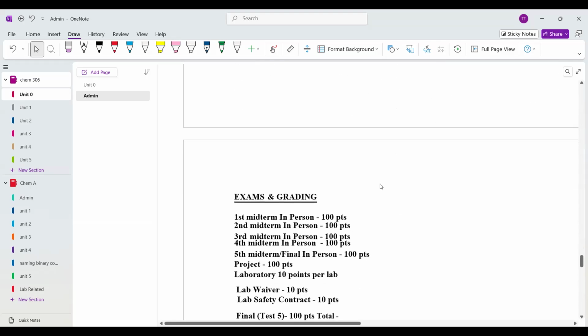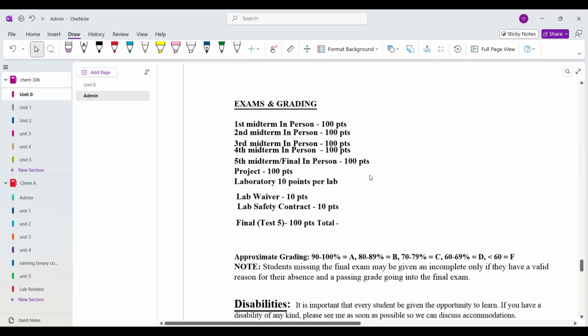Okay. All right. All my tests are 100 points, percentage points. And the last test is going to be the final. Every test is a comprehensive test because it builds on prior materials. So every test except for test one is like a final because it builds on cumulative materials.